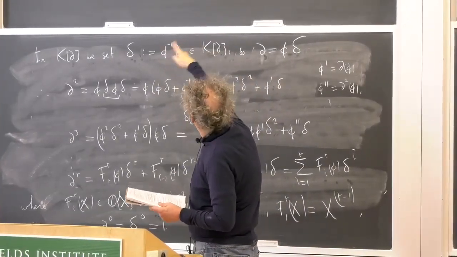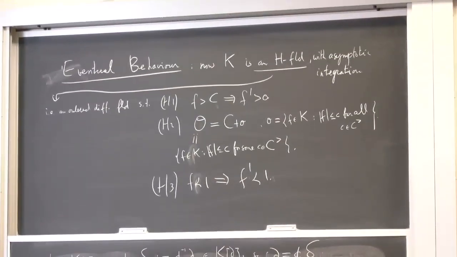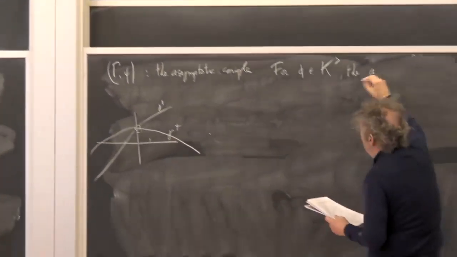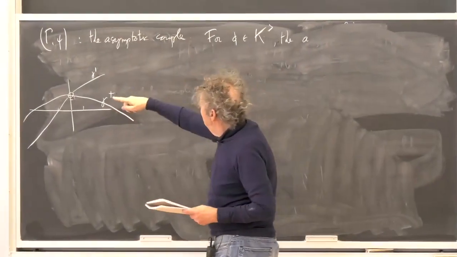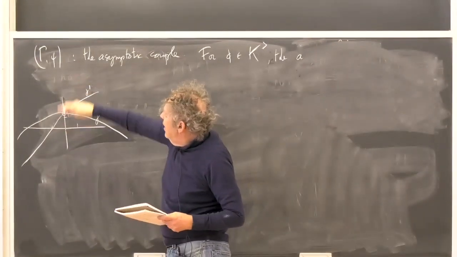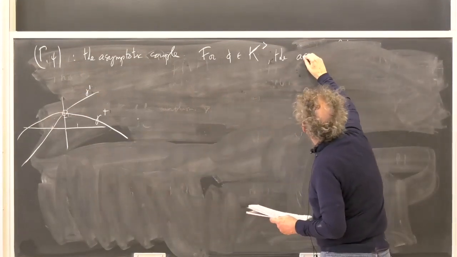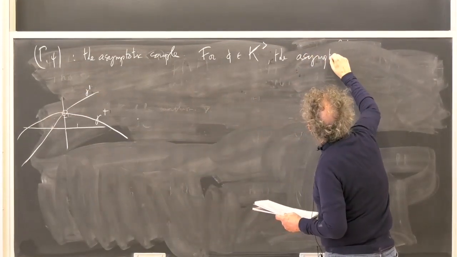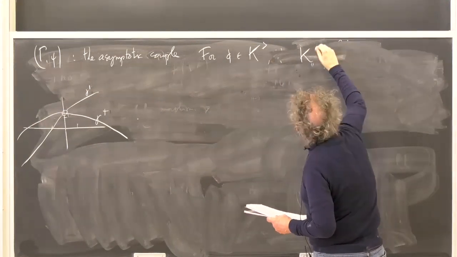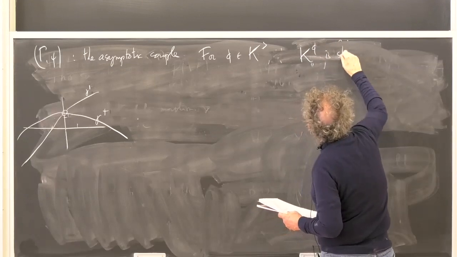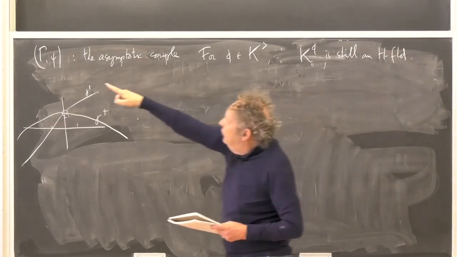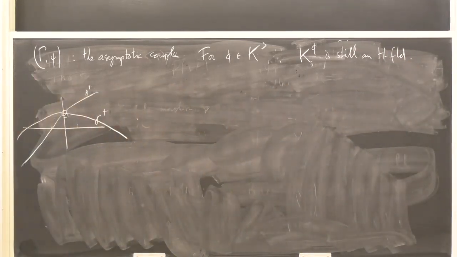Forget about H3 for the moment. It's not part of the official definition of an H field anyway. I want to say what happens to the asymptotic couple if you compositionally conjugate. There is a vertical shift for the asymptotic couple. For phi, K^phi is still an H field. That's why I want to drop H3, because it wouldn't be true if I imposed that.